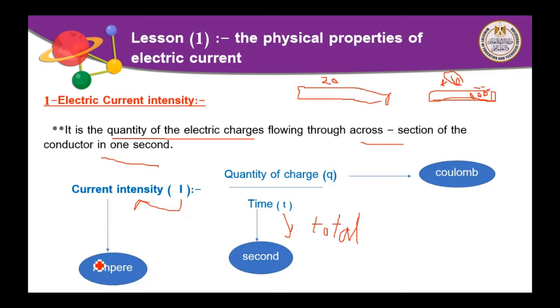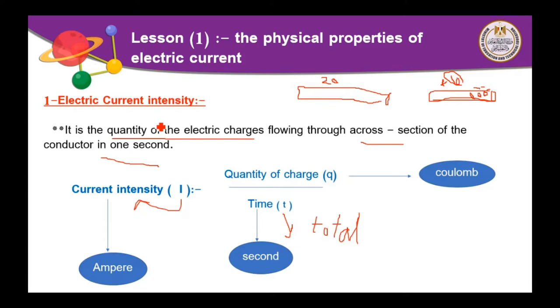So ampere equals coulomb per second. Because in the exam we can ask you about the equivalent measuring unit for the same physical quantity, for example, write the equivalent measuring unit of electric current intensity. The electric current intensity can be measured by two measuring units until now.